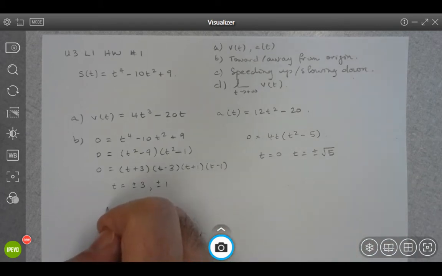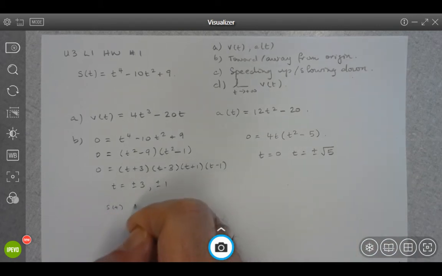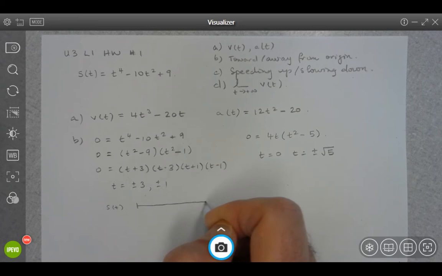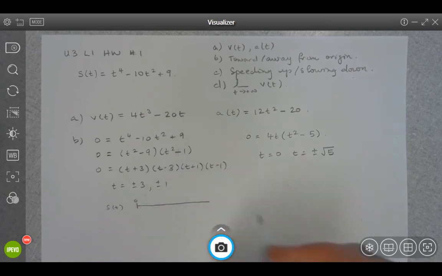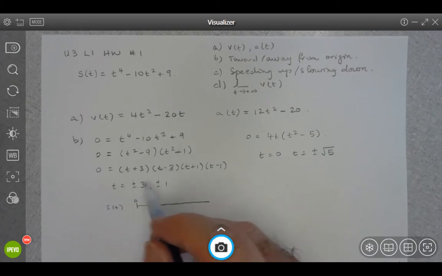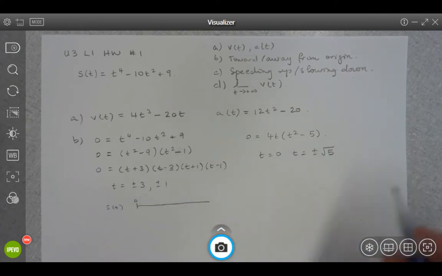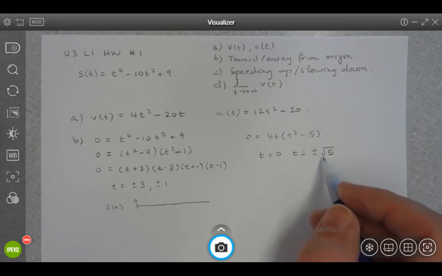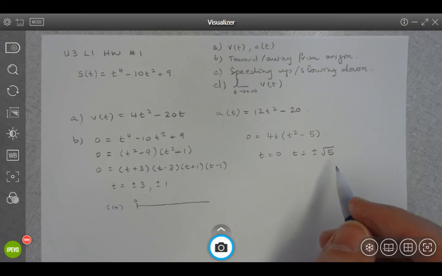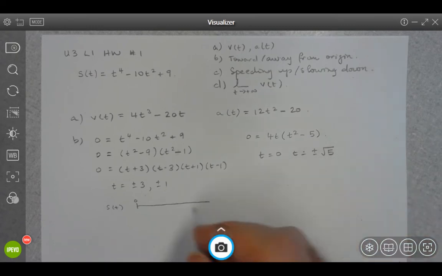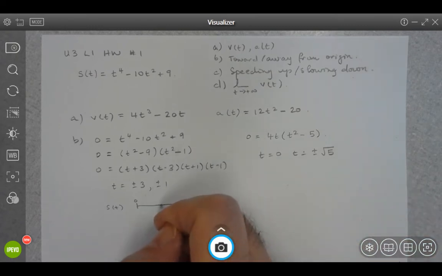Okay, so I'm starting, let's do s of t here, so I'm starting that at 0. Let's see what we need to put on there, where we're going to need 1 and 3. Okay, here we've got the 0, that's fine. And here, root 5 and negative root 5, well, we know that's a little bit bigger than 2. All right, so we know we're going to need a 1 here.